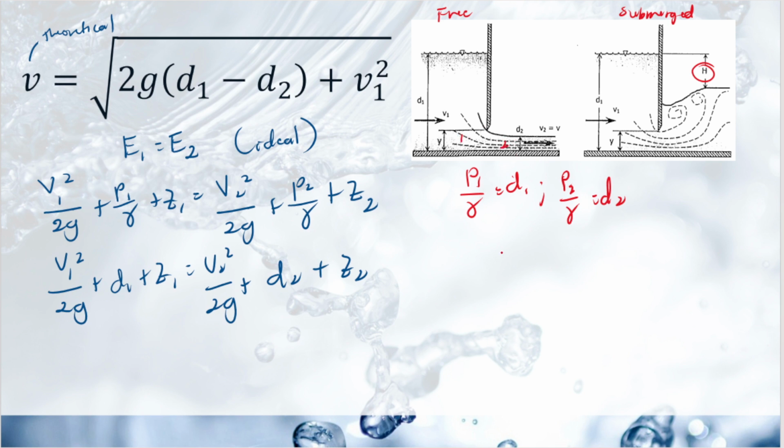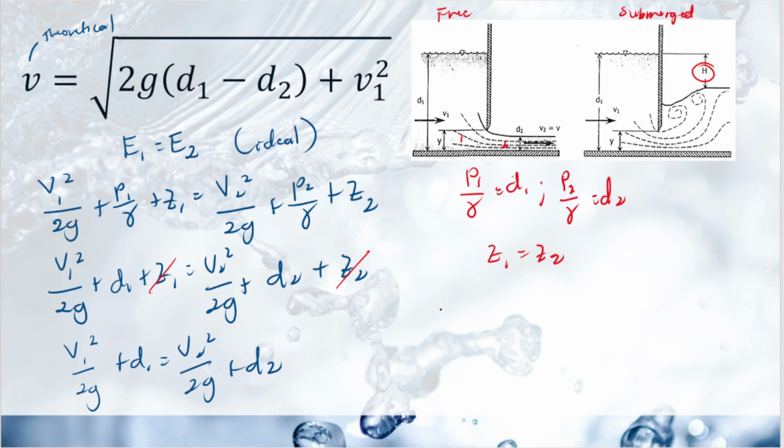Therefore, with the same datum, Z sub 1 is equal to Z sub 2, so we could cancel it out, or it becomes 0 depending on the datum. We could have this equation now reduced to V sub 1 squared over 2g plus D sub 1 is equal to V sub 2 squared over 2g plus D sub 2.